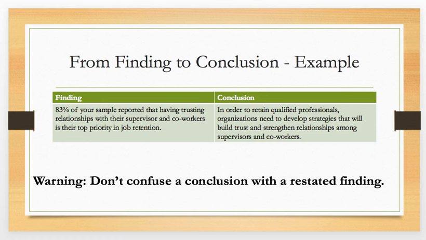So notice the very subtle difference between a finding and a conclusion, right? A conclusion is based on the finding. Okay, so again, a warning is don't confuse a conclusion with a restating of the finding.